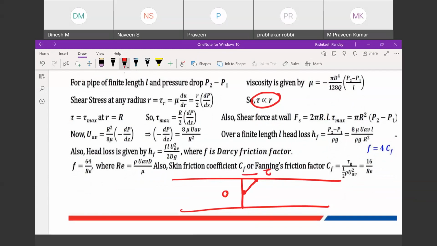This is tau max. It is varying linearly. So you can note that in Hagen-Poiseuille flow, shear stress varies linearly.